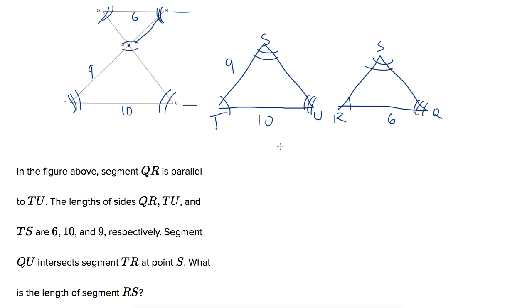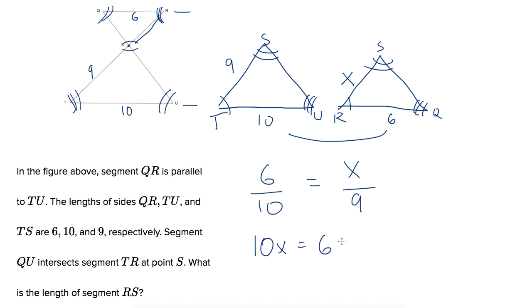So we can set up a ratio where we show that 6, let's label this missing side length X, 6 over 10 equals X over 9.